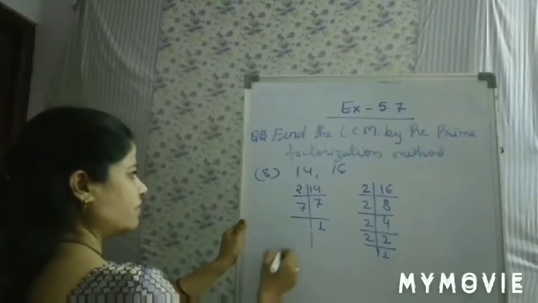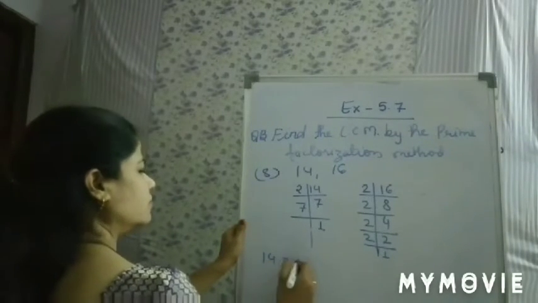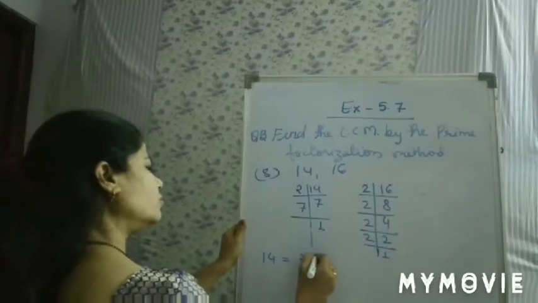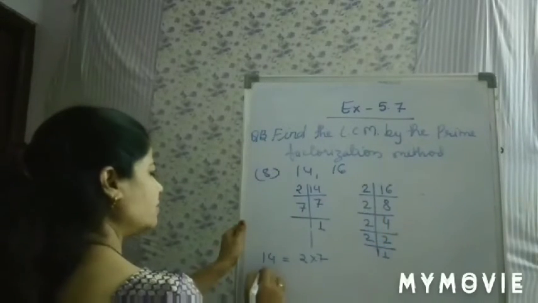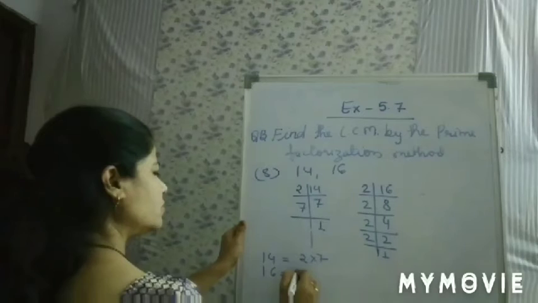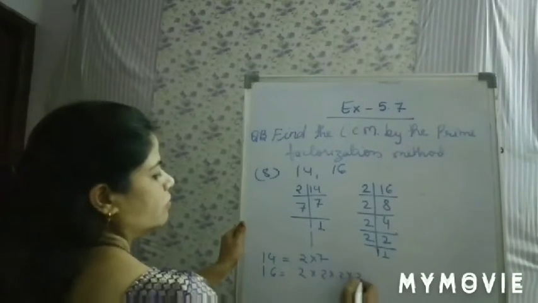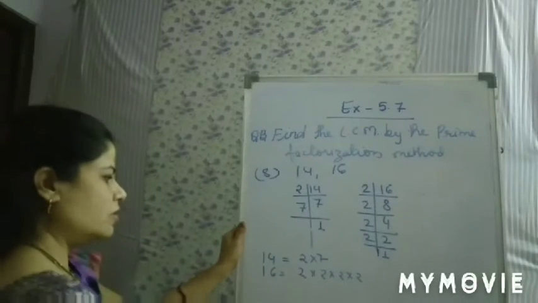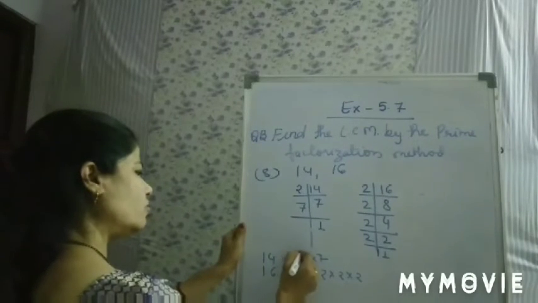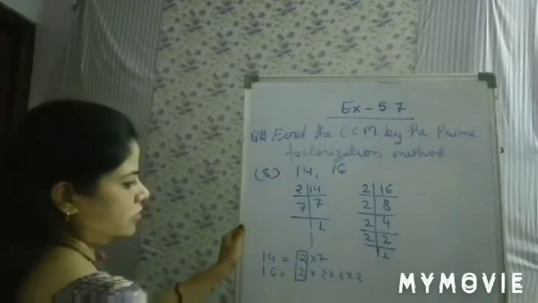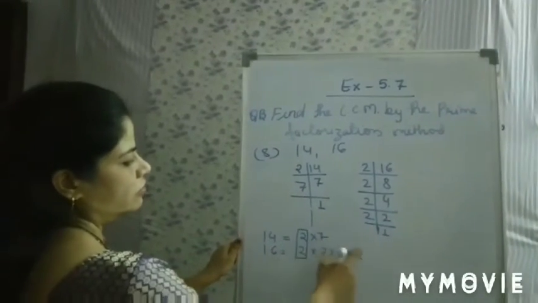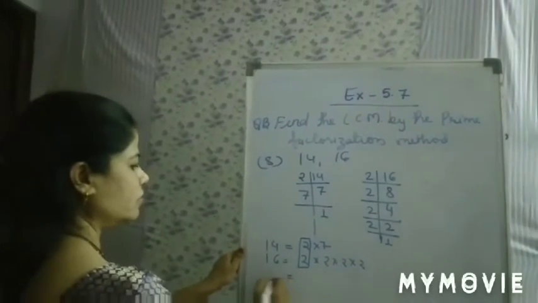Now we will write the prime factors of 14. 14 equals 2 into 7. And write the prime factors of 16. 2 into 2 into 2 into 2. 4 times you have to write 2. Now see, 2 and 2 are common, and here not any number is common.